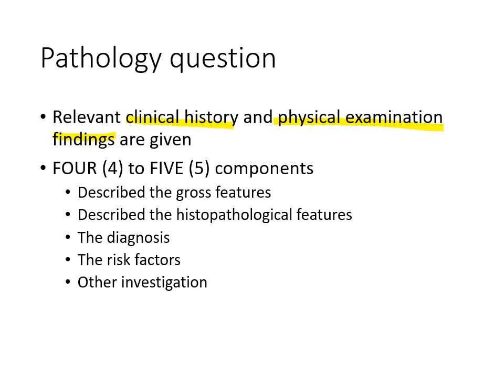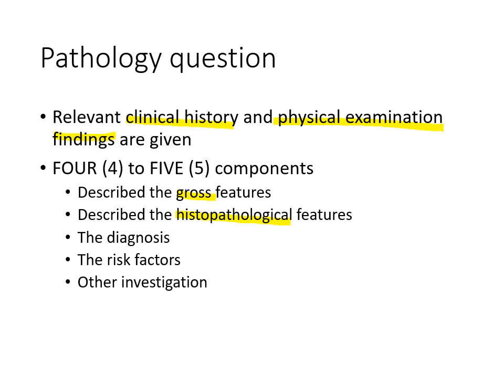These two findings are given in the form of a scenario, and afterwards there will usually be two pictures. Number one is the gross picture, and the second one is the photomicrograph for you to identify the histopathological features.